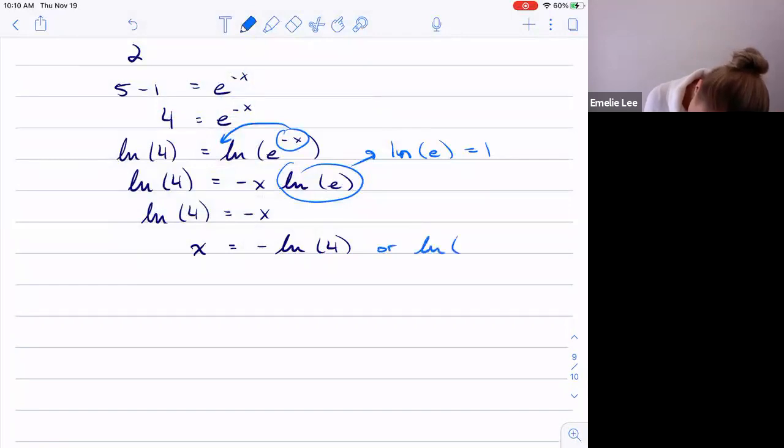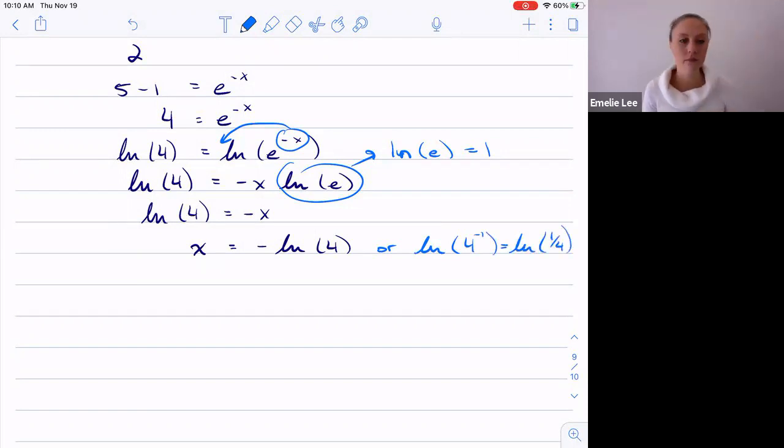Try the natural log of 1 over 4, and then try the negative natural log of 4, and they should be the same. So it doesn't matter.